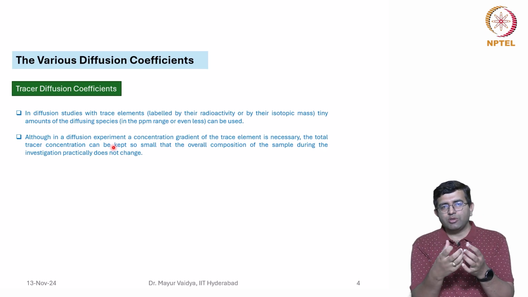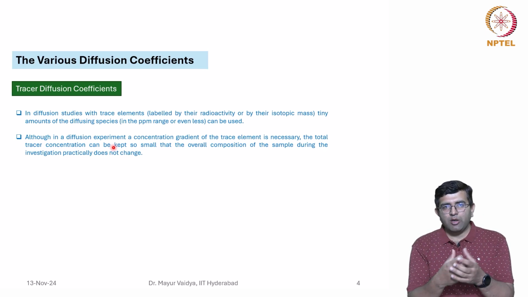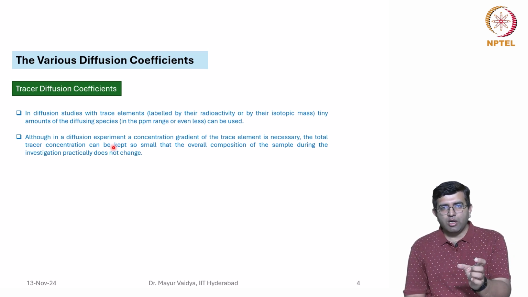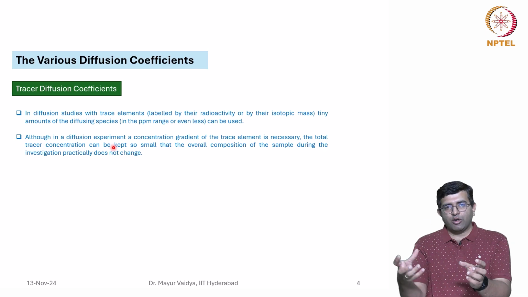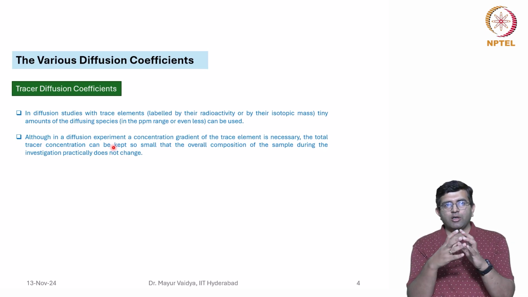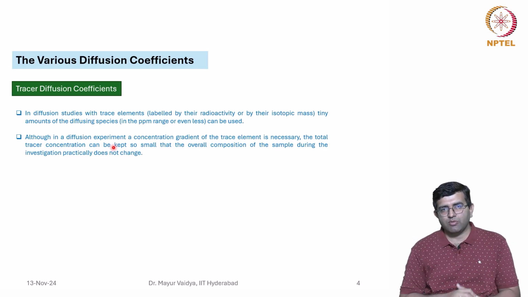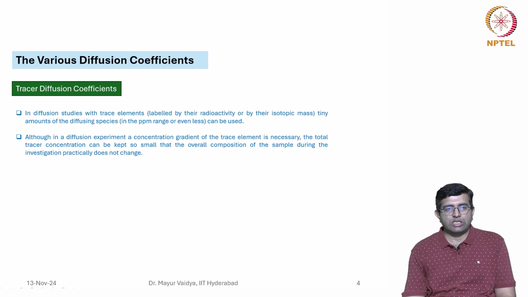The actual amount is much below it. It is in the range of ppm. So it is a really small quantity of the tracer used compared to your bulk. Therefore, you can say that the overall composition of the sample practically doesn't change.